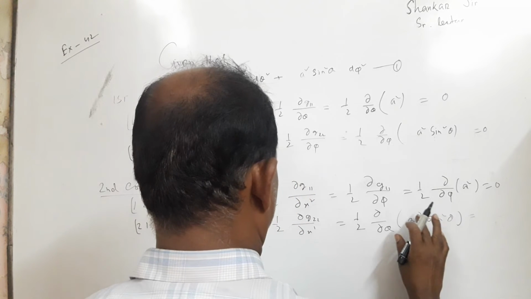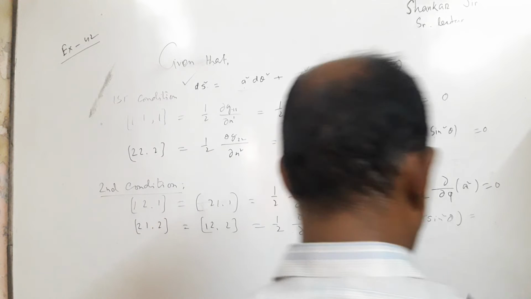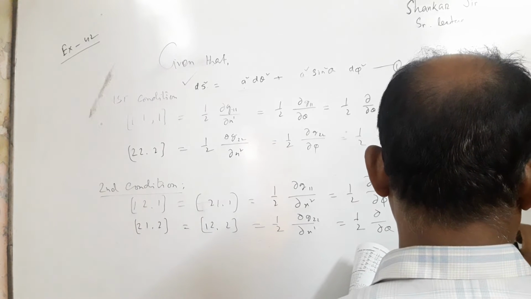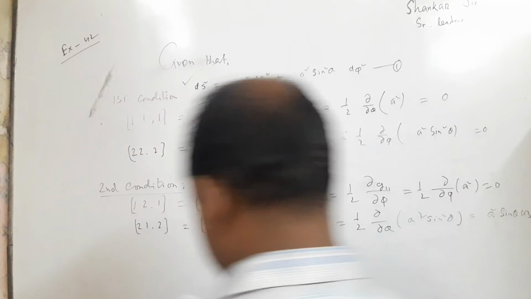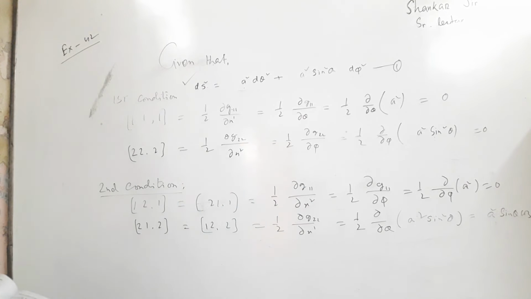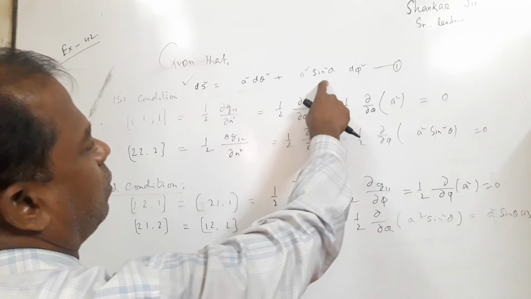The derivative gives a square sin theta cos theta. The others are not found because they do not appear in equation 1.